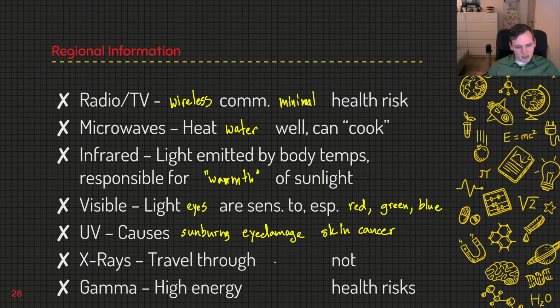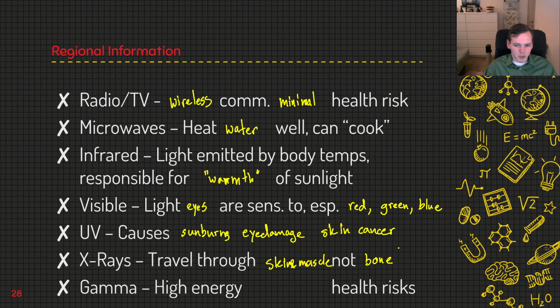X-rays, the interesting thing about X-rays and why we care about them is they travel through skin and muscle, but not easily through bones. So they're actually absorbed by bone. What this means is if you put a piece of film behind, say, your arm, and then you shoot X-rays through it, it'll go through all the places where you've got skin and muscle and hit the film and expose the film, but it won't go through where you've got bones, so it won't expose that.